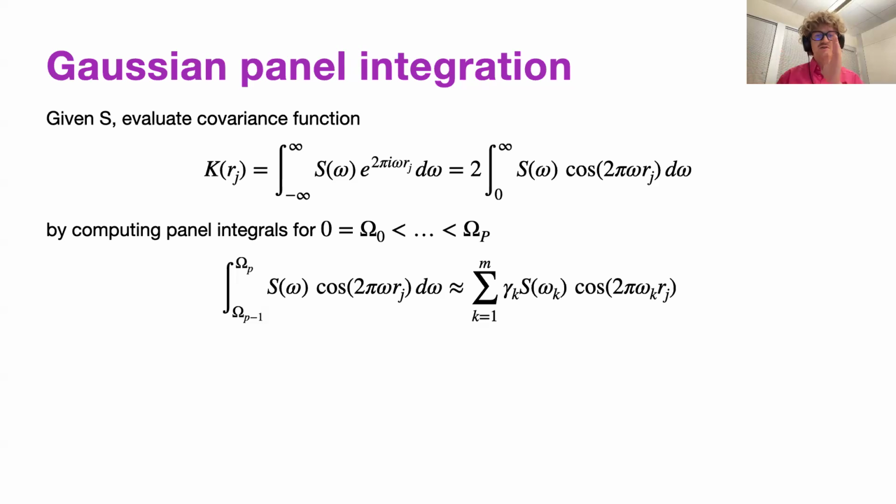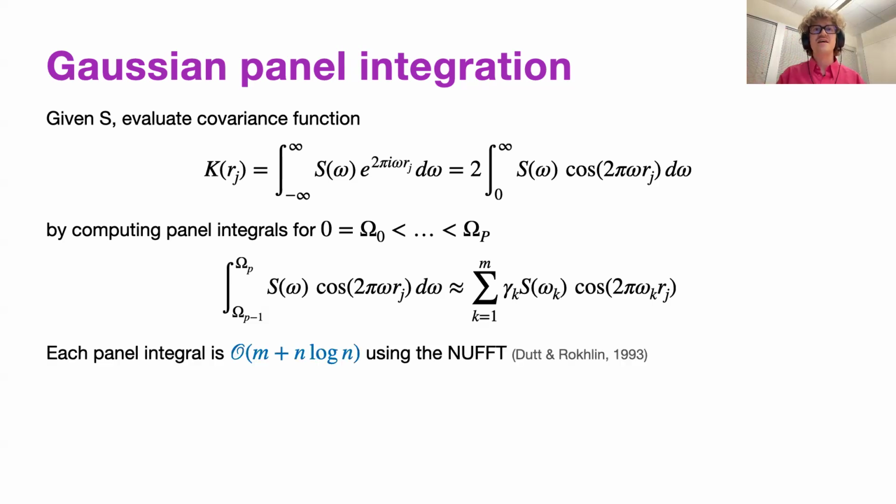The idea is we'll start at the origin and integrate from 0 to some omega_0 and see what the contribution of that integral is, and then pick a new panel, omega_0 to omega_1, and compute that panel integral until the contribution is sufficiently small and we've achieved convergence. And in this case, the nodes and weights are again given by these omega_k and gamma_k.